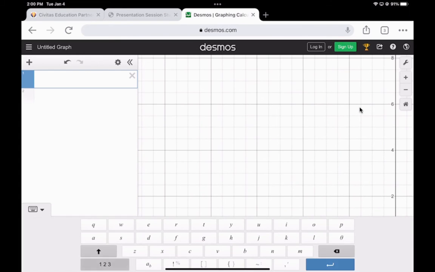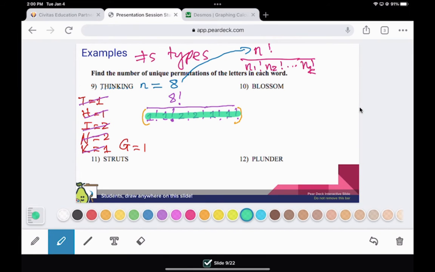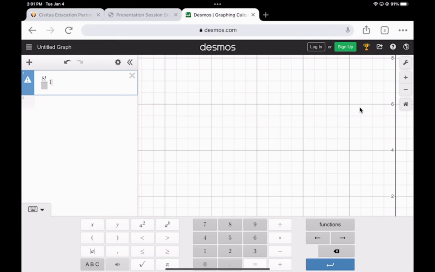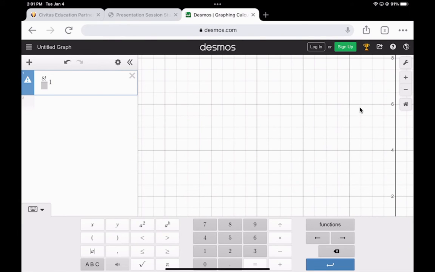In here, I'm going to start with 8 factorial. When you click on divide, now I'm going to listen. I forgot how many numbers I have, so I'm going to go back. 1, 1, 2, 2, 1, 1. Okay, so 1 factorial. That's not what I want. I want it down here in the bottom.